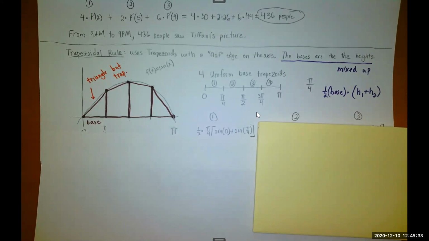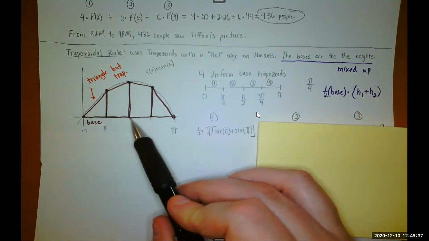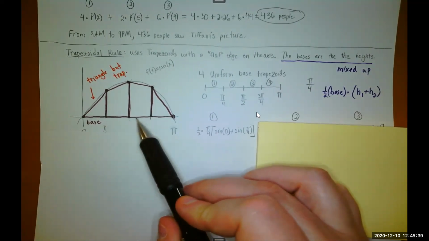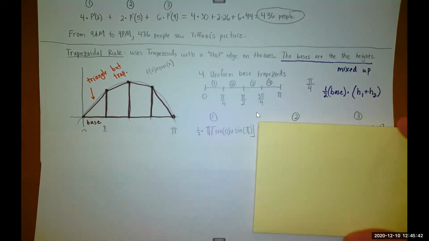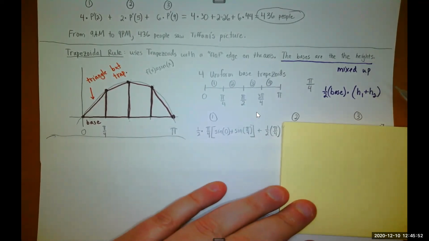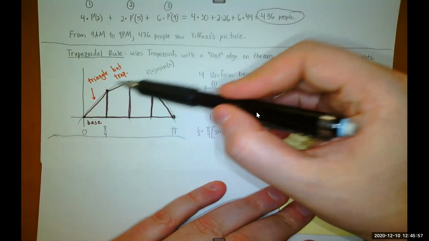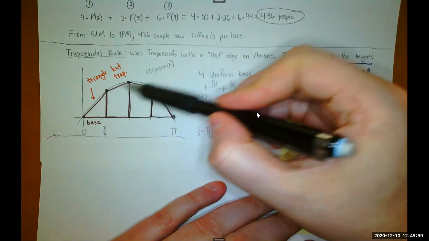The second trapezoid goes from pi over 4 to pi over 2. That's this trapezoid right here. So to do the area of a trapezoid, we do 1/2 times the base. The base is again pi over 4 because we're doing equal bases. The height in each case is the function value, sine of x, at those 2 points.